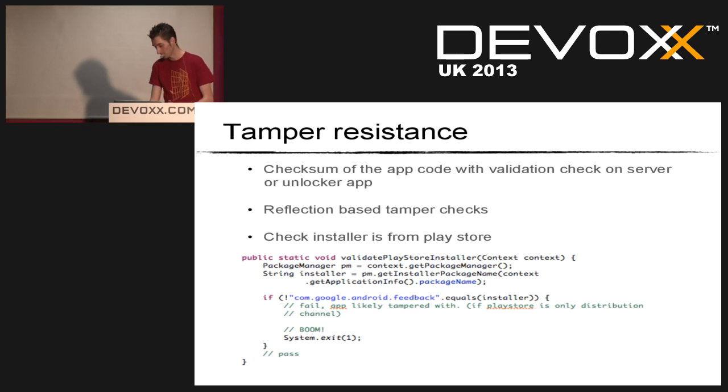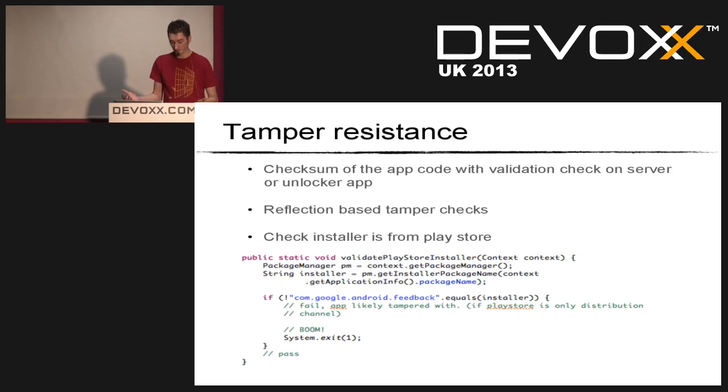So talking on that line about tamper resistance, you could build in something like a checksum in your app code to validate against the server, or you might have a separate app which is the unlocker version. So it would validate that that app hasn't been tampered with. You could build in reflection-based tamper checks if you really want to make it a bit more difficult for would-be attackers to rip that code out.